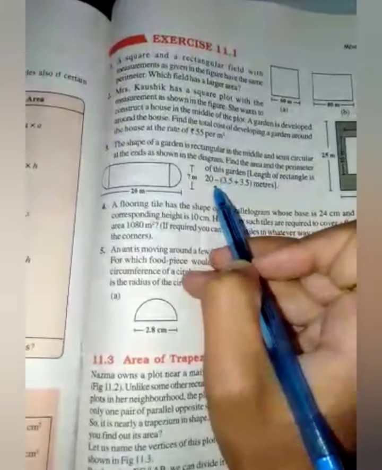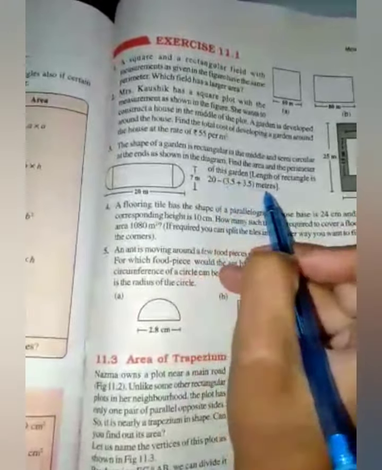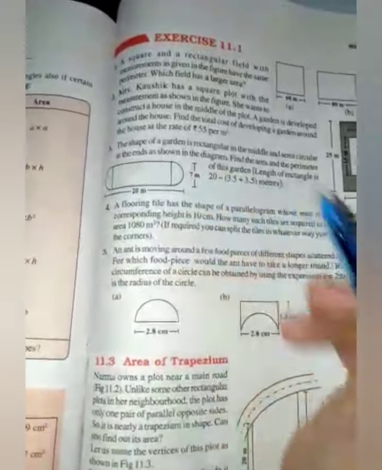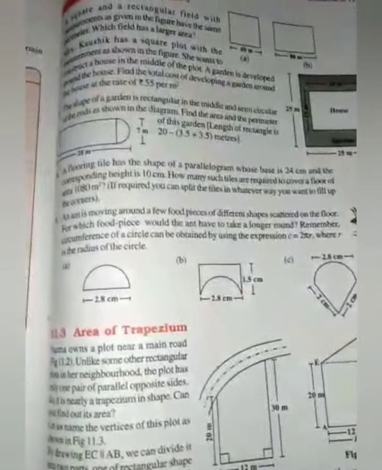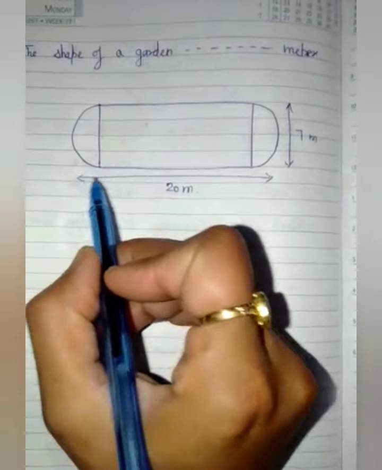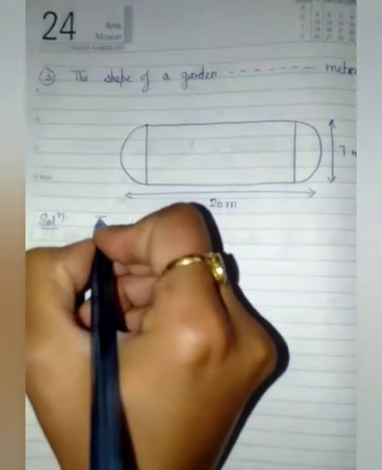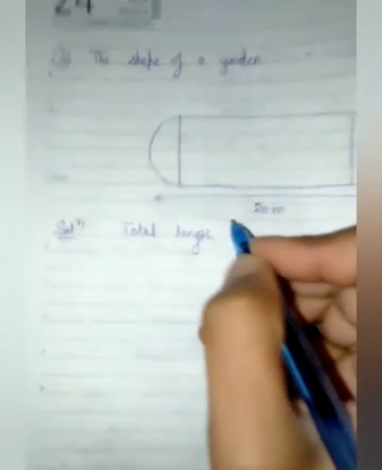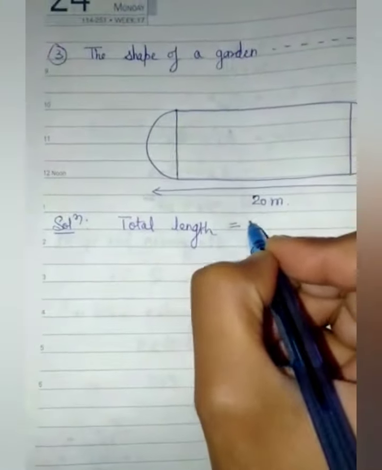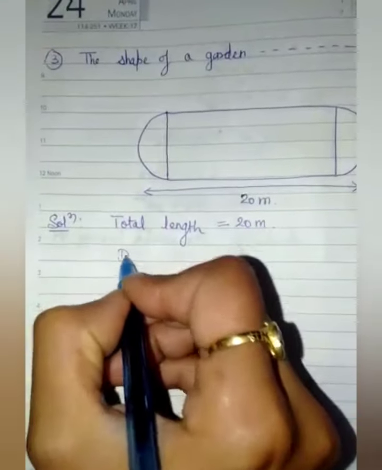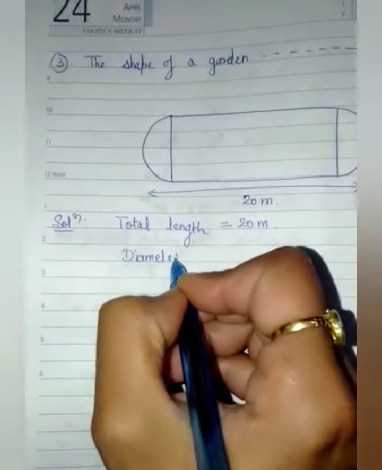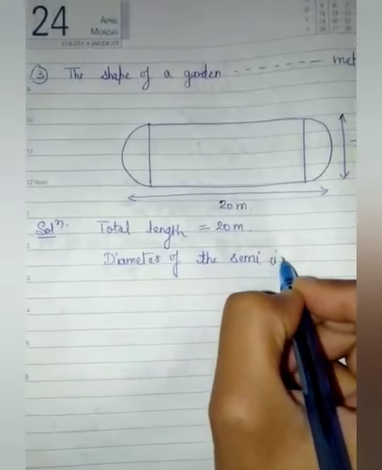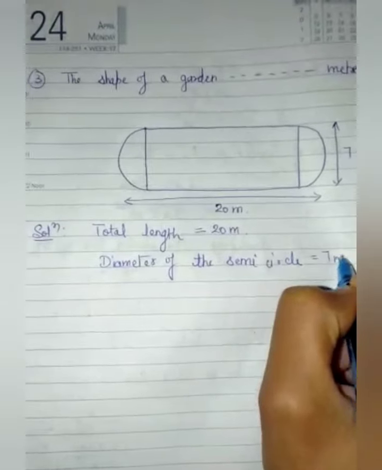Length of rectangle is this. Already given here, rectangular length is 20 minus 3.5 plus 3.5. Let's have a look at the answer. So here we have the total length of this diagram. Total length is equal to 20 meter and the diameter of the semicircle is 7 meter.